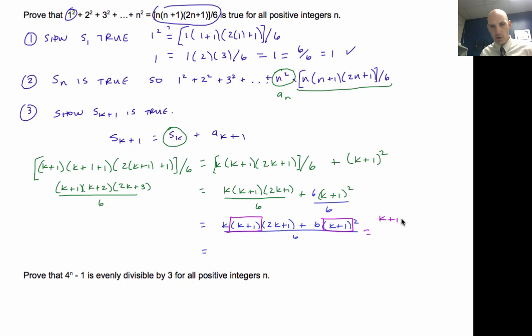K plus 1 times what's left? K times 2k plus 1 plus 6 times k plus 1, over 6. So I have got it equal to k plus 1 times all of this in here.